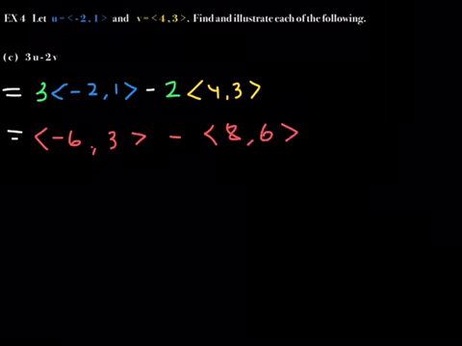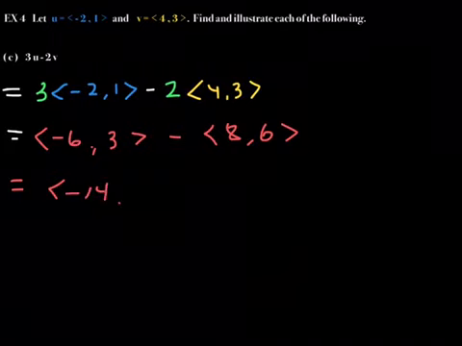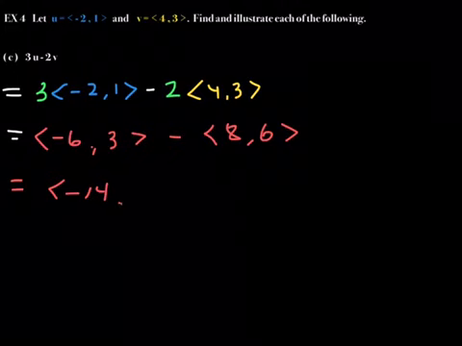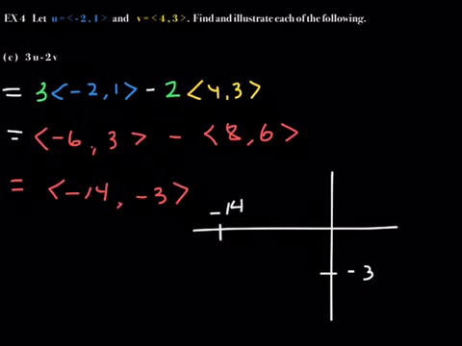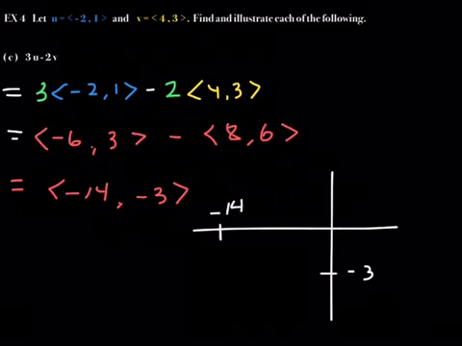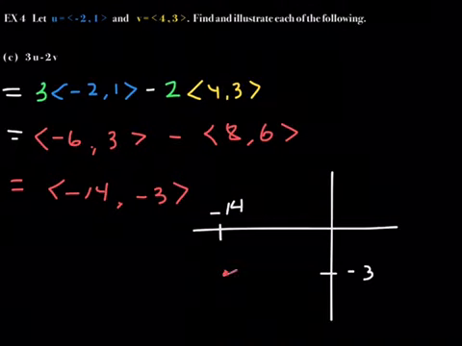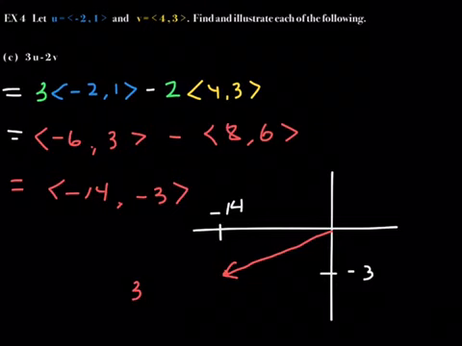Now when I add like components, I get -6 minus 8, excuse me, -14. And then 3 minus 6, which is -3. This vector, 3u minus 2v, will be a position vector. The initial point at the origin and the terminal point at the ordered pair -14, -3, which we all know is quadrant 3. So this would be the illustration of 3u minus 2v.